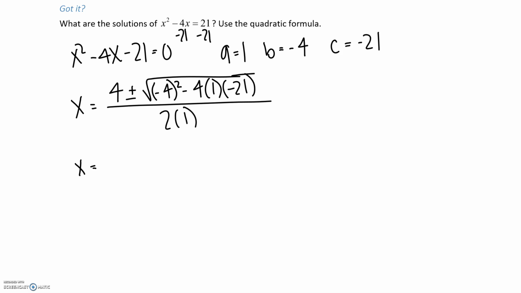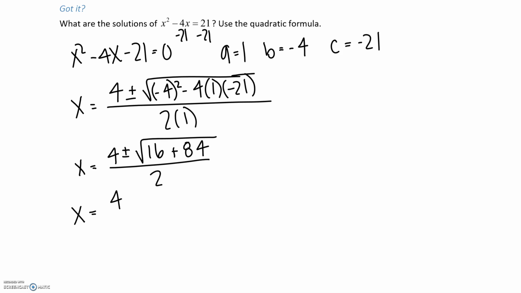So this gives us x equals 4 plus or minus the square root of 16 plus 84 over 2. Simplifying that even more, that gives us 4 plus or minus the square root of 100 over 2.